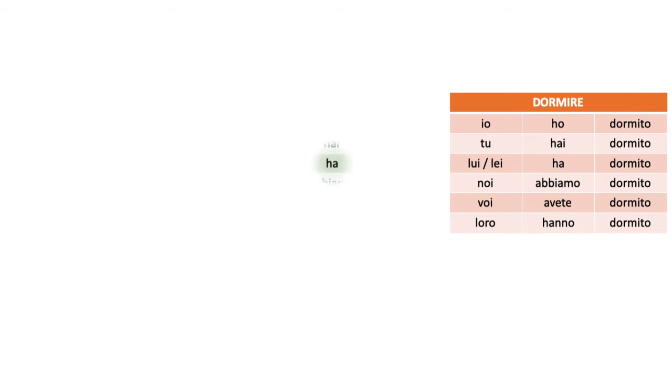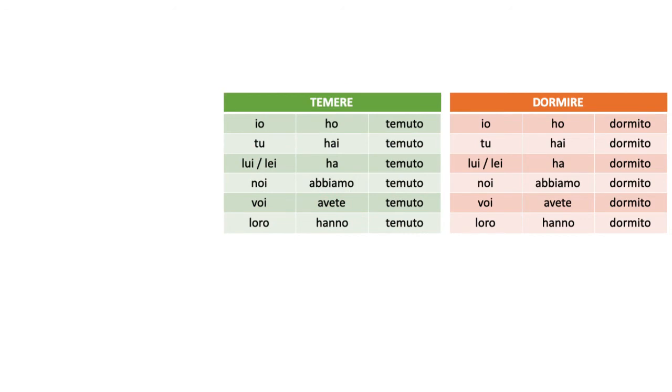Same thing with ere verbs. For example, temere, which means to fear. That was not in our standard vocab list, but it's a regular ere verb, right? Notice again, it has 3 parts, right? Subject, verb avere, and participle, right?